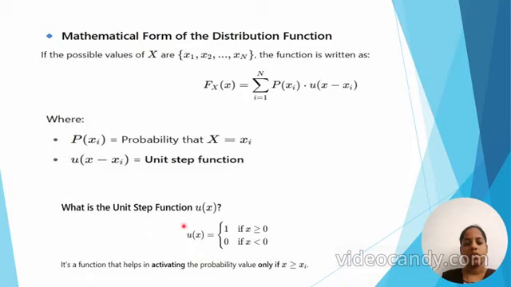What is the unit step function u of x? It is 1 if x is greater than or equal to 0, and 0 if x is less than 0. This is the mathematical form of the distribution function.